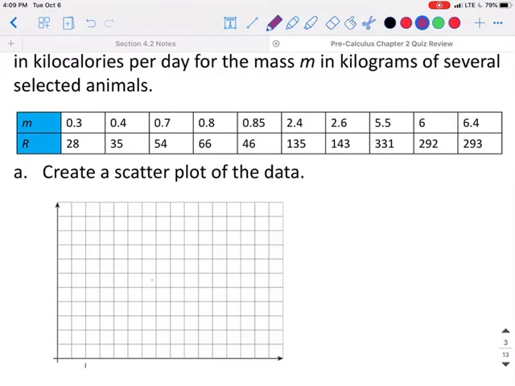So when you go to make the scatter plot, you are going to need to label your axes first. Then you're going to plot each individual data point.